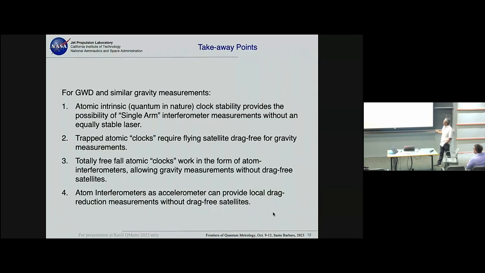Trapped atom clocks require flying drag-free for gravity measurement, but otherwise the technology seems to be much more mature now.